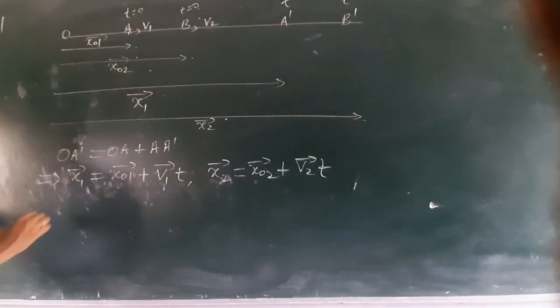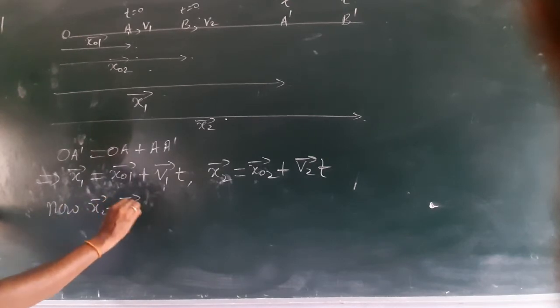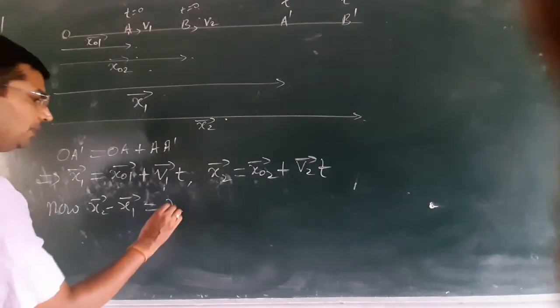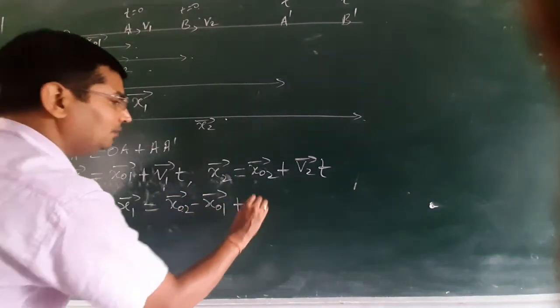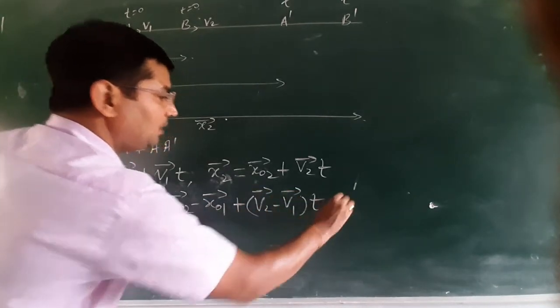Now x2 minus x1, what will be the value of x2 minus x1? That will be x02 minus x01 plus v2 minus v1 whole multiplied by t.